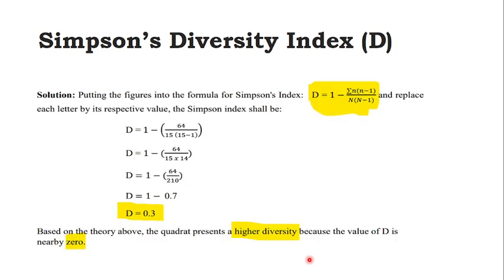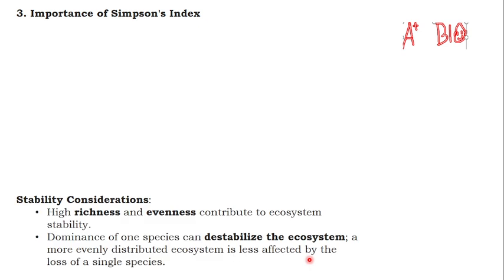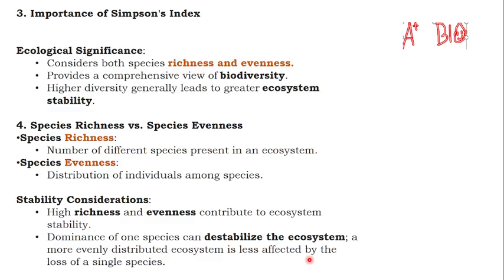Thank you so much. So you should understand why I am calculating the Simpson index. Number one, I should know the importance of the Simpson index used in ecology. Once you have your national park, you should understand how many species you have. In these species, how many organisms are there?